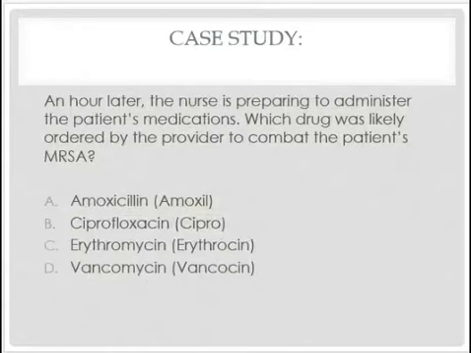An hour later, the nurse is preparing to administer the patient's medications. Which drug was likely ordered by the provider to combat the patient's MRSA? A. Amoxicillin or Amoxil. B. Ciprofloxacin or Cipro. C. Erythromycin or Erythrocin.